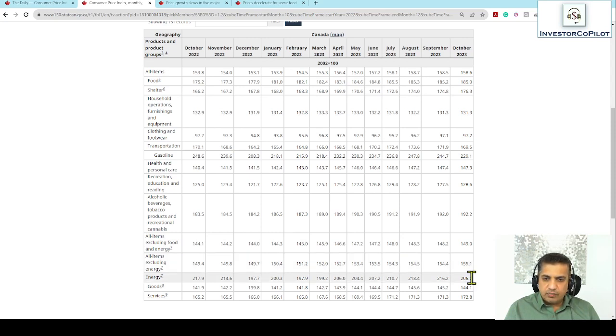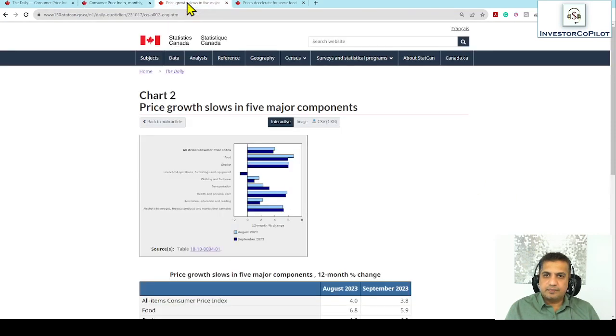You've got energy, which has declined because gasoline prices have declined. Transportation and gasoline numbers are fairly good for Canada, and that's good news for us. But apart from that, most of the other products and product groups have risen in price. That is what this table shows. So this is an important piece of information in understanding CPI, consumer price index, and inflation rate. Now let's look at the next chart.